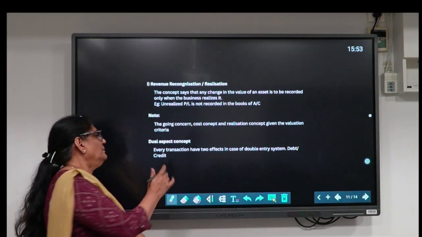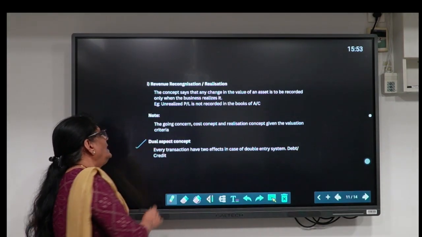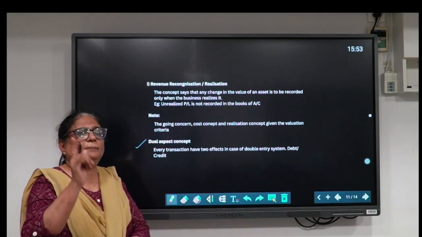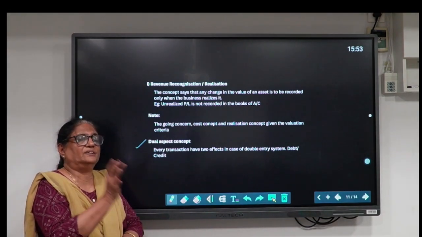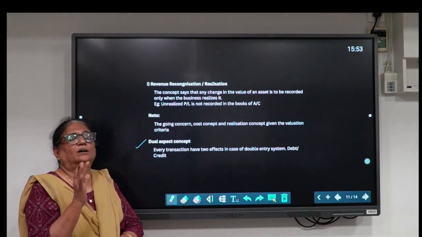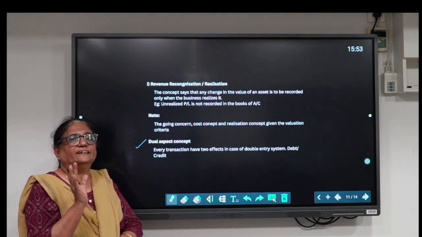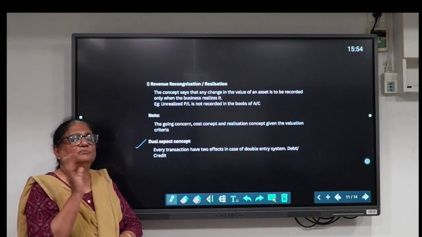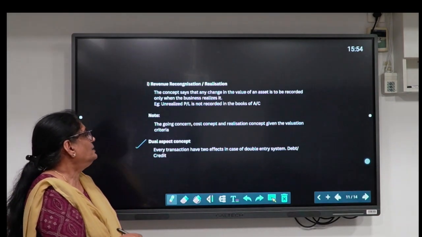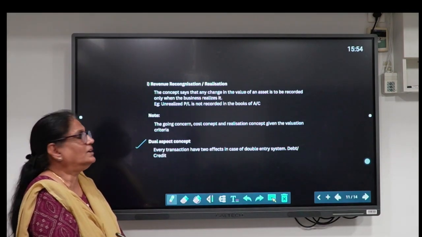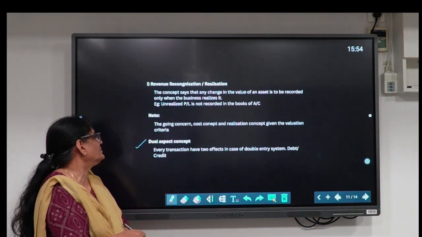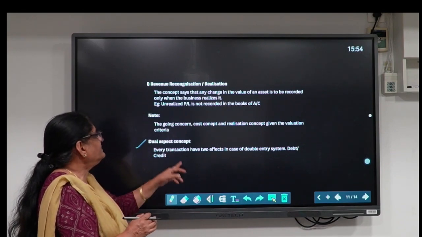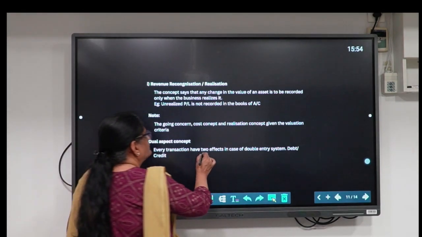Now the main important one is your dual aspect concept. One debit and one credit. Later in the next chapter, the 4th chapter, I will start with the main thing about your single entry and double entry system and all. We will do double accounting, single accounting and all. I'll give you clarity on both. So every transaction has two effects.